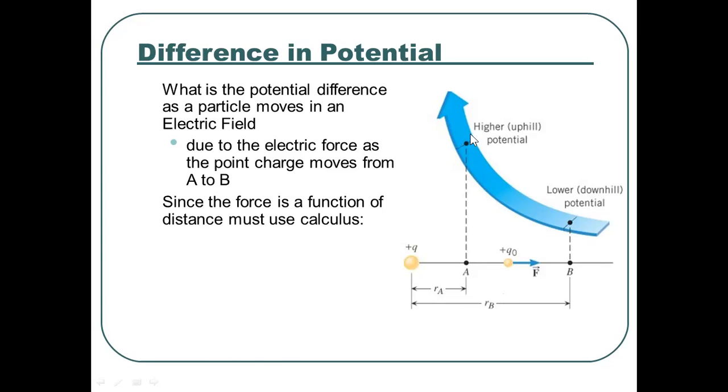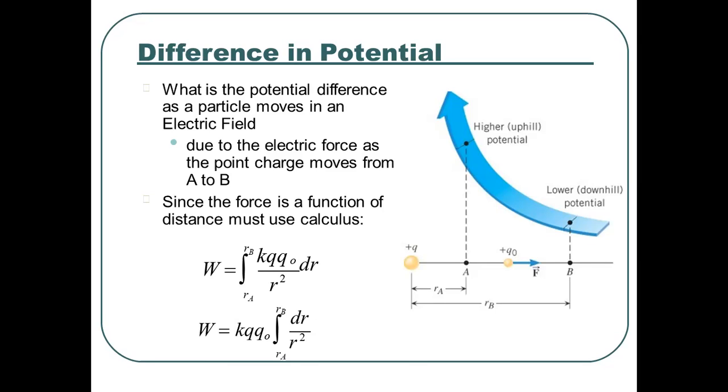The movement of your positive charge, since this is towards your right, is positive F. If we integrate now with calculus, work is equal to the integral of the Coulomb constant multiplied with the product of the charges q and q0 all over the distance squared, dr, with your lower limit as rA and your upper limit as rB.